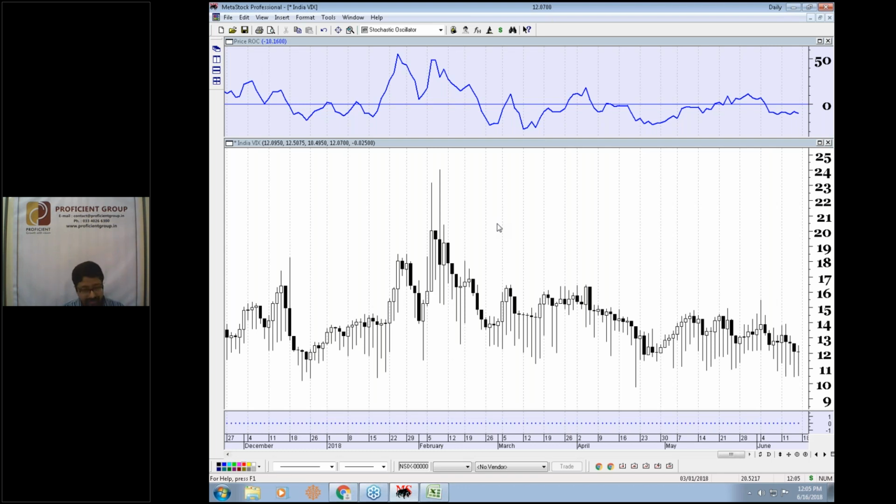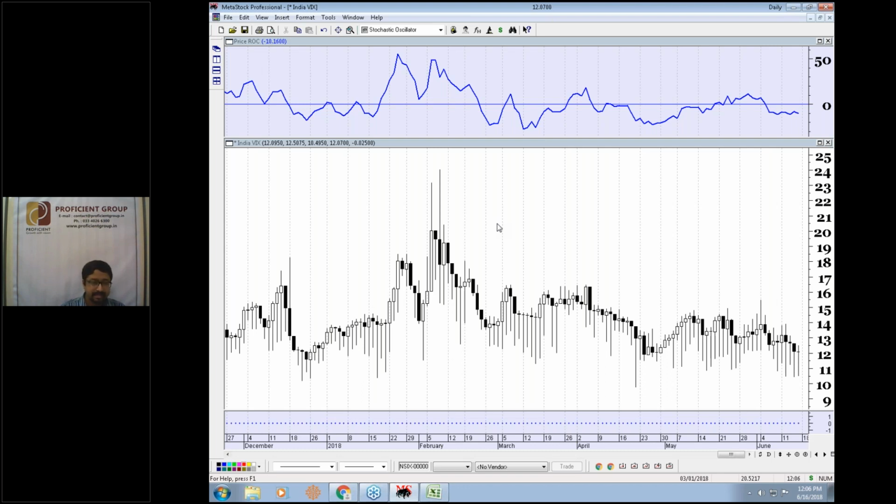If the price of the puts went higher, then the price of the call has to go higher because of the put-call parity, right? Otherwise, there would have been a risk-free profit opportunity, and that cannot exist in an efficient market. So this is how the VIX actually behaves.